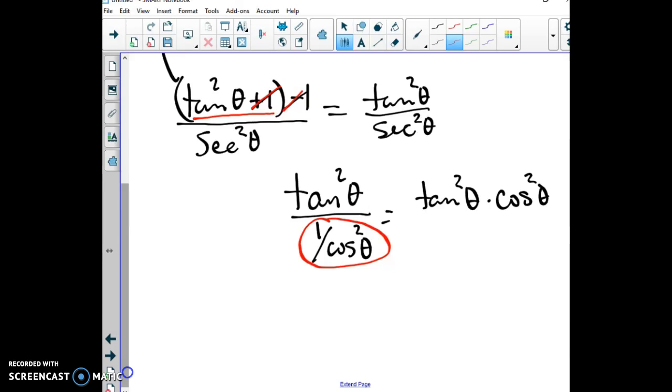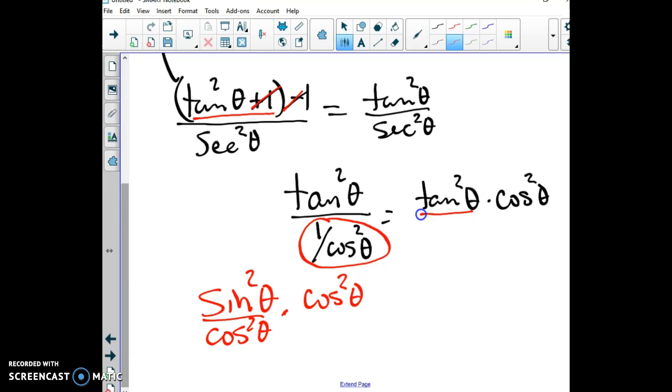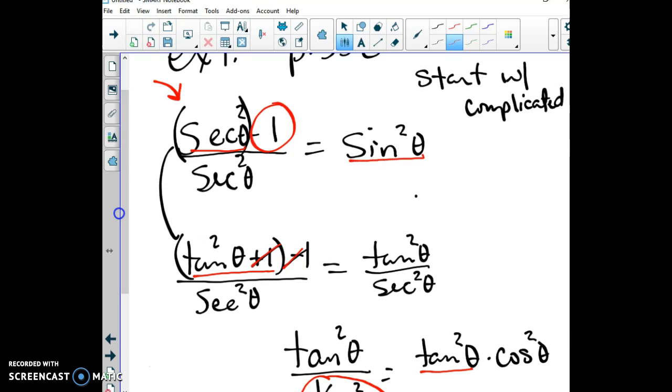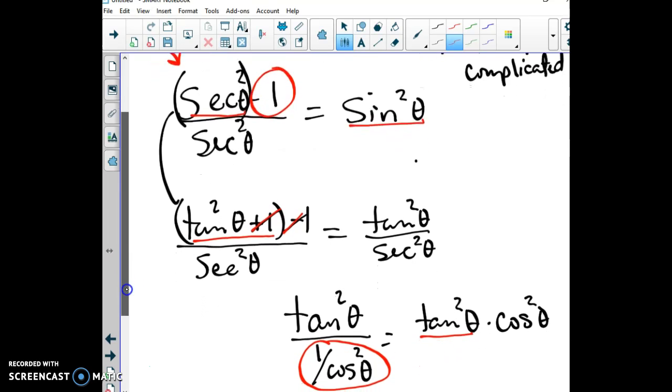So dividing tangent squared by 1 over cosine squared leaves us with tangent squared times cosine squared, and we're going to rename tangent squared as sine squared over cosine squared, and we're still multiplying by cosine squared theta, and you can see that those cancel, leaving us with sine squared theta, and that was the identity that we were to prove.